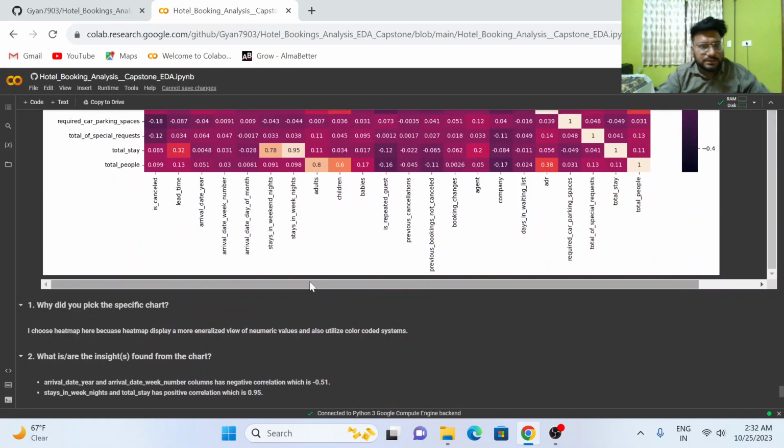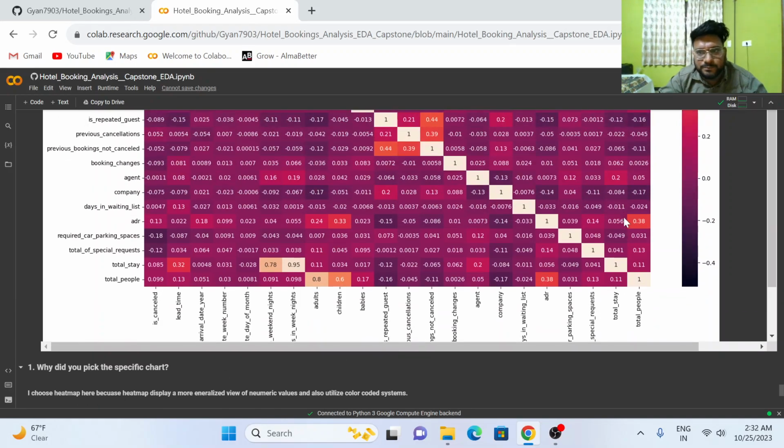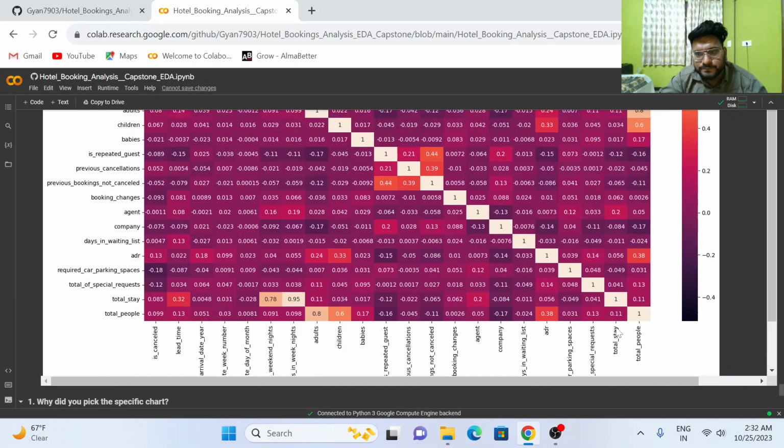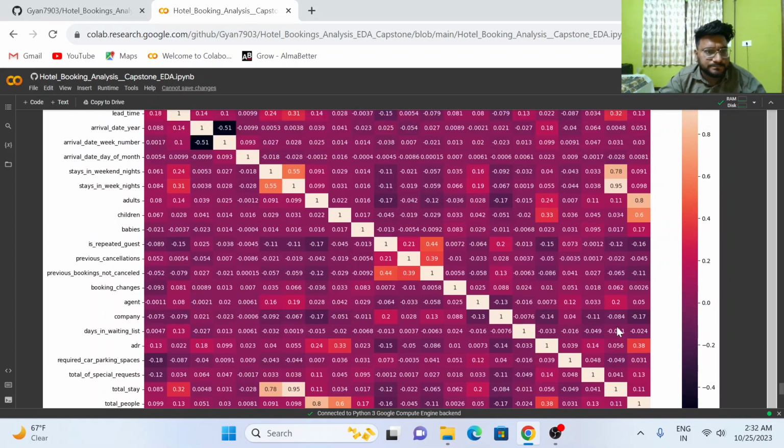The arrival date year and arrival date week number columns have a negative correlation of minus 0.51, and stays in week nights and total stays had a positive correlation of 0.95.